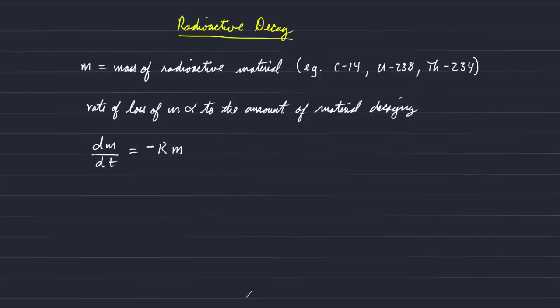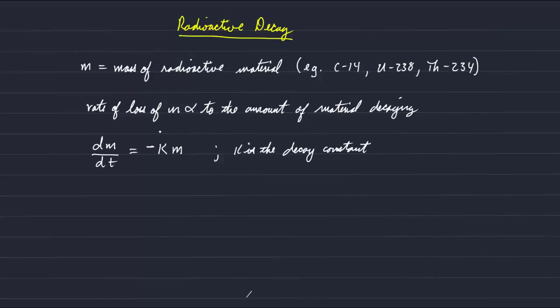So the more mass there is, the larger the number of grams per second being lost. So this is the differential equation that governs our system. This is a description of our conceptual model written formally as a differential equation.